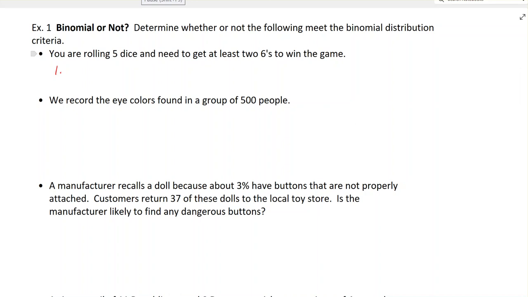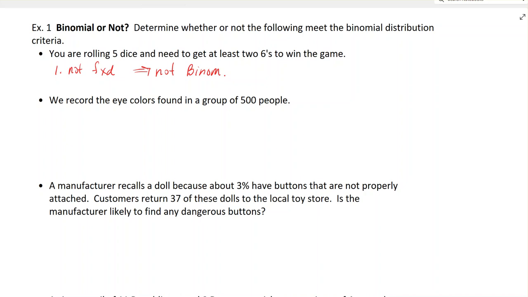So because we aren't told how many times we get to play the game in order to achieve the 2 sixes from the 5 dice, this is not a fixed set of trials, and therefore it is not a binomial distribution. Okay, remember that rolling the 5 dice is considered one trial or one experiment.